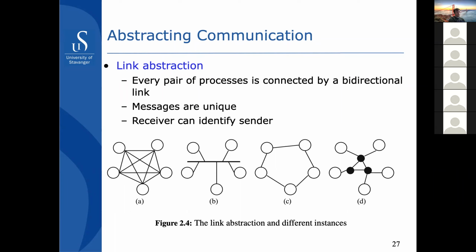You see 4 examples underneath: for example A, all the processes have a direct link to each other. But in example C, they have a ring or token ring type of network topology. Still, there is a link, a way for each process to send a message to each other.